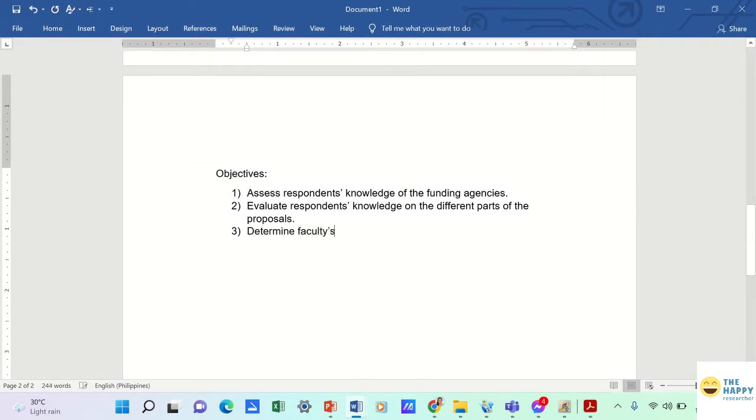Some studies have a general objective, followed by a list of specific objectives. So these are the objectives in the study that we are working with.